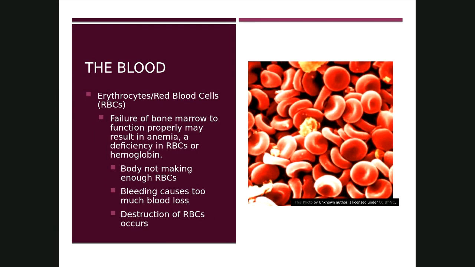Failure of bone marrow to function properly may result in anemia, a deficiency in red blood cells or hemoglobin. This happens when the body is not making enough red blood cells, when bleeding causes too much blood loss, or when destruction of red blood cells occurs.